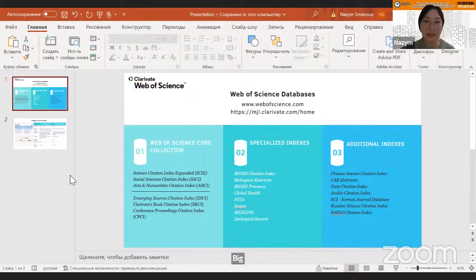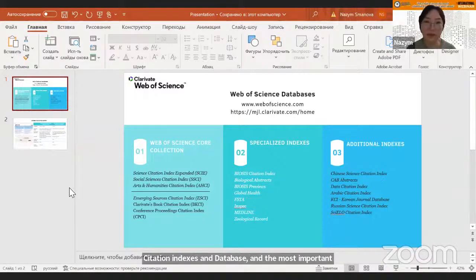And here is the Web of Science database. This is a web platform that hosts different citation indexes and databases. And the most important of these databases is what we call the Core Collection.